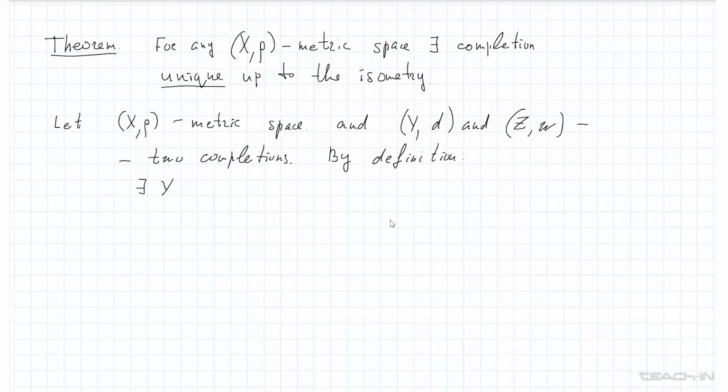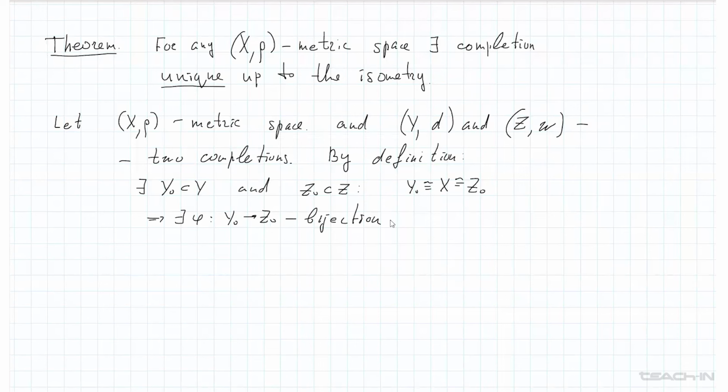There exists y0 in Y and z0 in Z such that y0 is isometric to X and z0 is isometric to X. So because all these spaces are isometric, we can construct the bijection phi from y0 to z0.